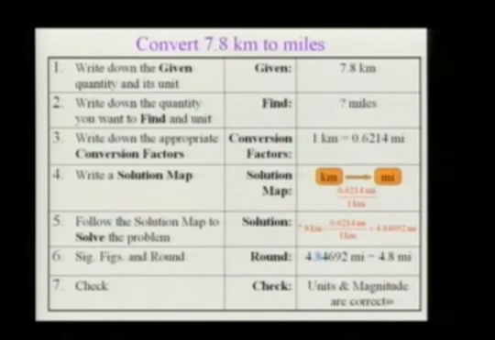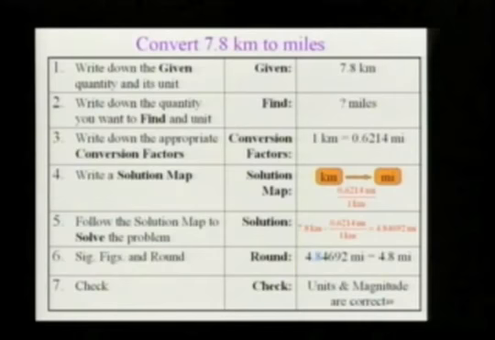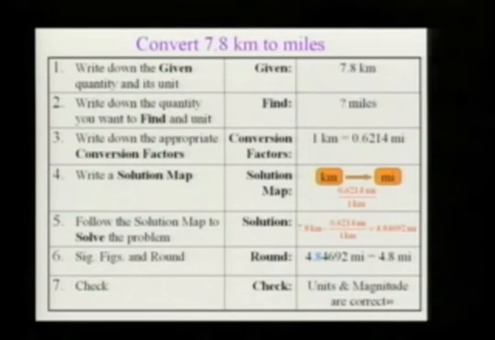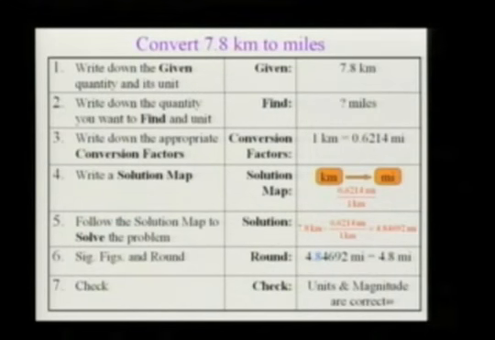Whatever ratio this is right here, it has to be this equivalency, this conversion factor. So put it here. If I put miles on bottom, will they cancel out? No. I want to get rid of kilometers and I want to be left with miles. So I'm going to have to put kilometers on the bottom. They will cancel out. And then whatever number I start with, it'll end up being 7.8. When I start multiplying that together, the unit that I'm left with is going to be miles, and that's what I want in my final answer.